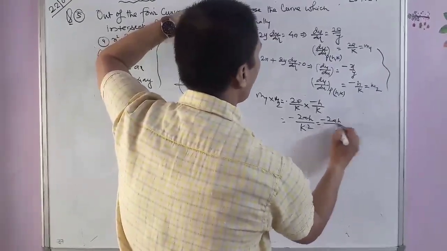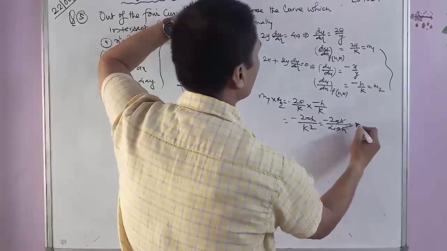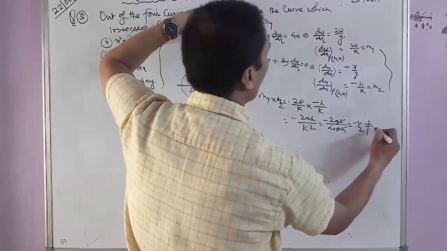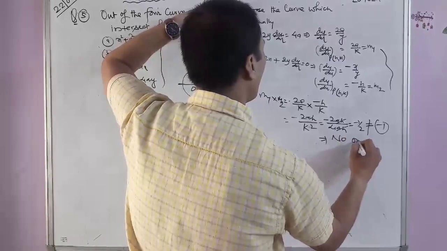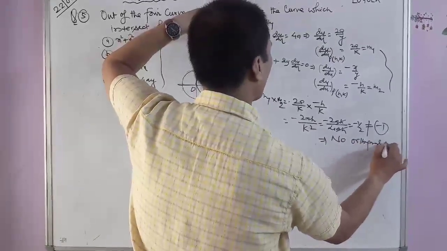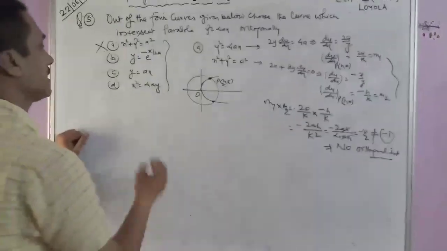So minus 2ah upon 4ah, cancelling, this is minus 1 by 2, not equal to minus 1. So no orthogonal intersection. First option is rejected.